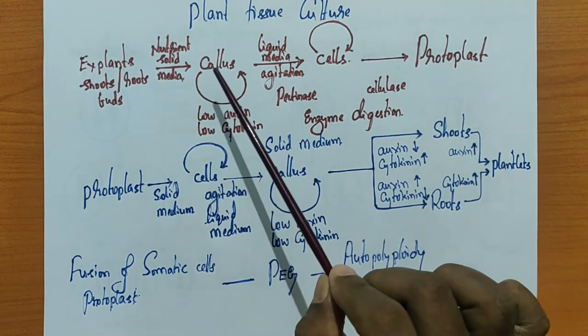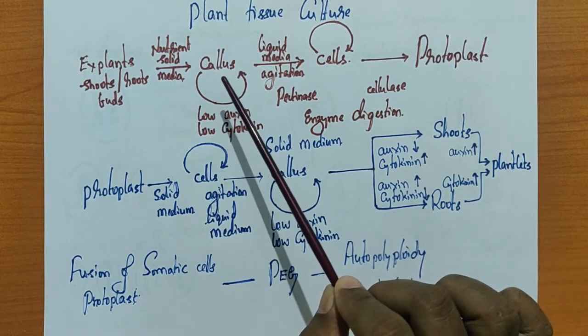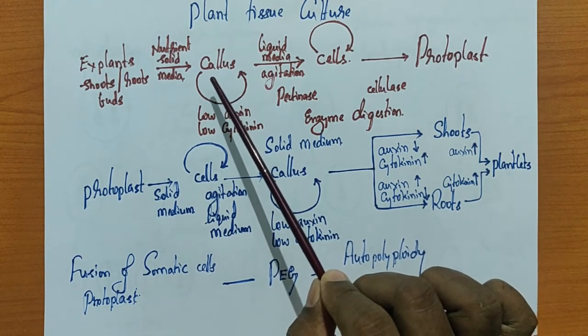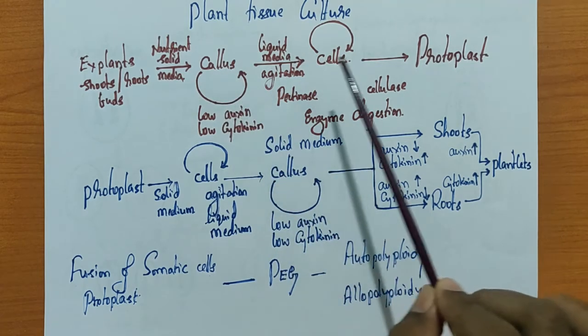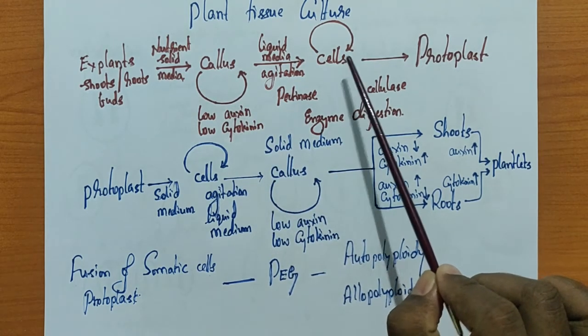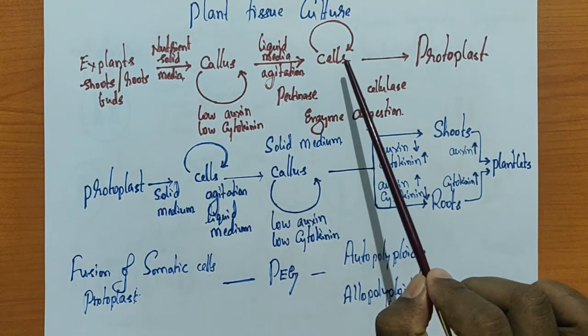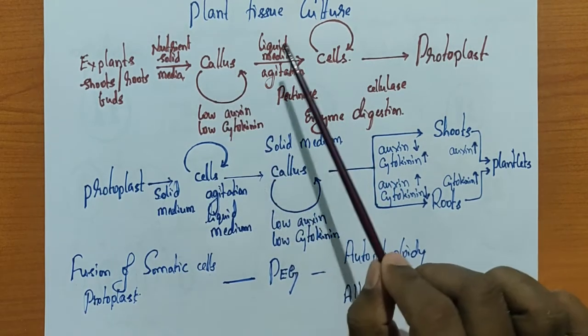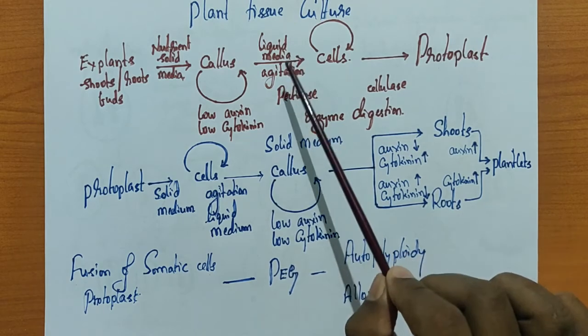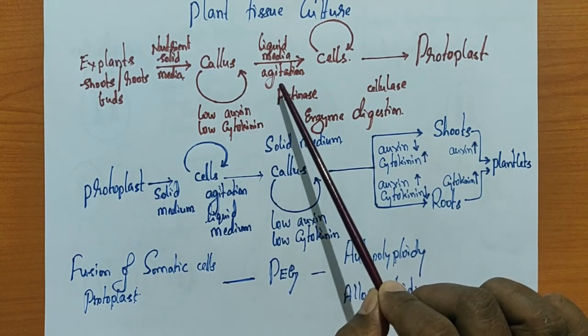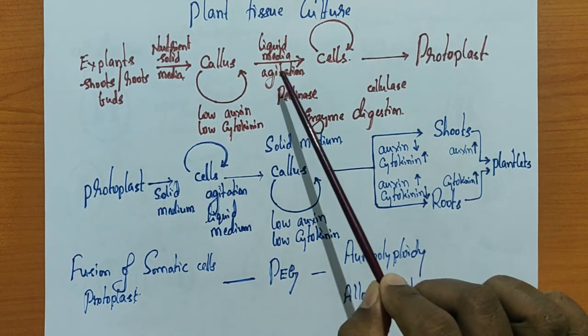All right. Now, it usually looks like a mass. From this callus we can also isolate individual cells. So how do we get an individual cell from the callus? By transferring it into a liquid medium, and subjecting the callus to some amount of agitation.